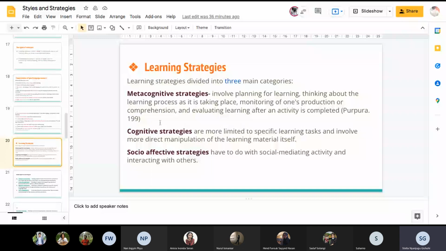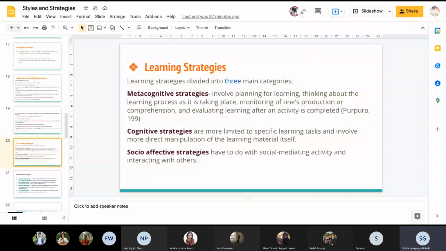And you heard that the metacognitive one is when you're planning for learning, you're thinking about that learning process, and even monitoring how you're producing or comprehending a learning activity, how it is going on. We shall come and see these activities that are metacognitive in nature. Then you have the cognitive ones. These have to do with the specific learning task.